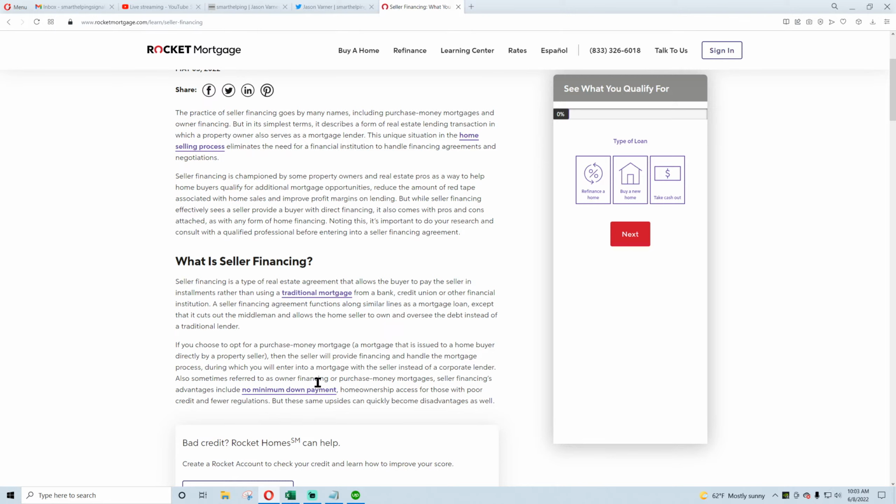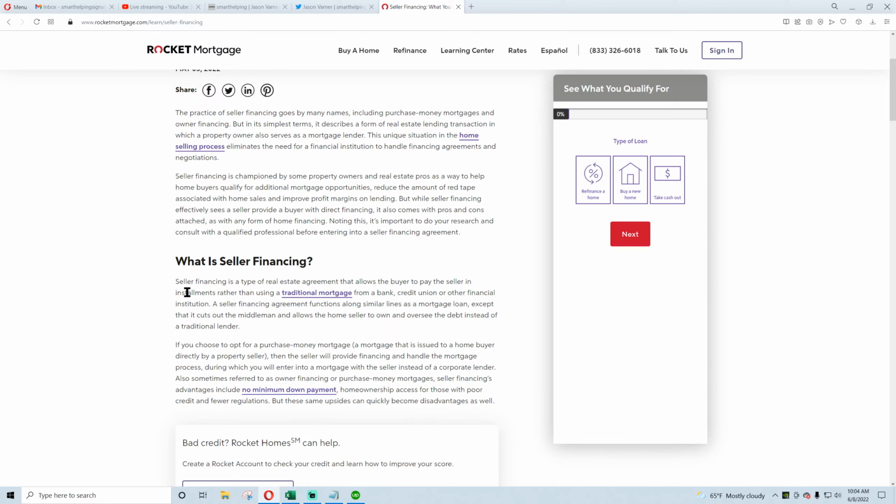We're not doing owner financing or purchase money mortgages. Seller financing's advantages include no minimum down payment, home ownership access for those with poor credit. Right, so if you want to sell to somebody and they can't get a loan through a bank or whatever, you can just say, well, I'll take on the risk and just sell it to them. Hopefully they pay me back.